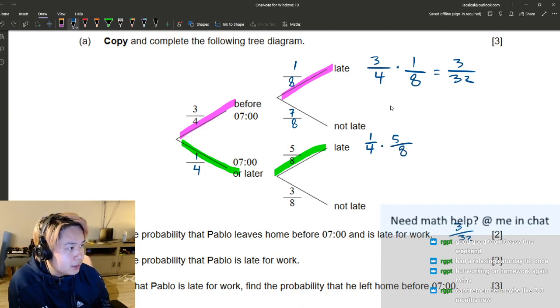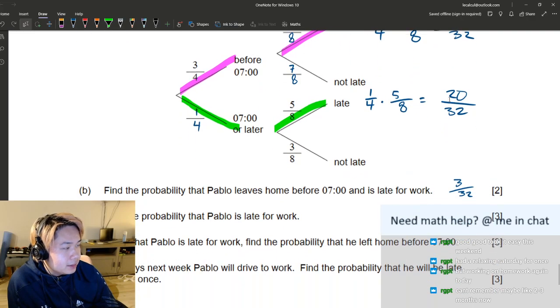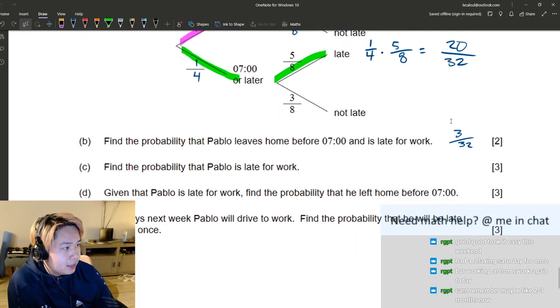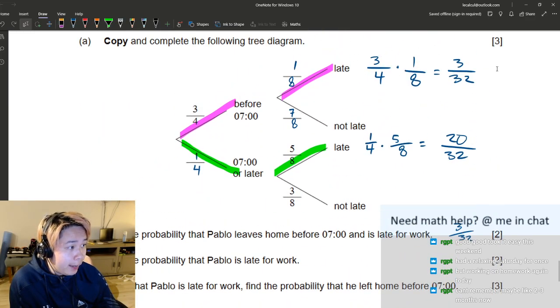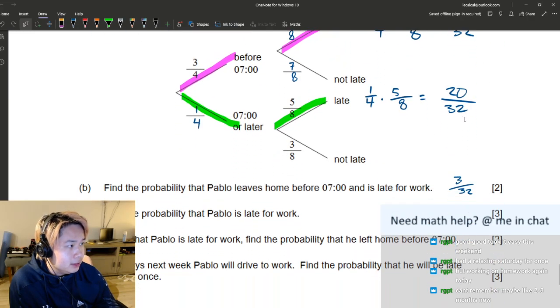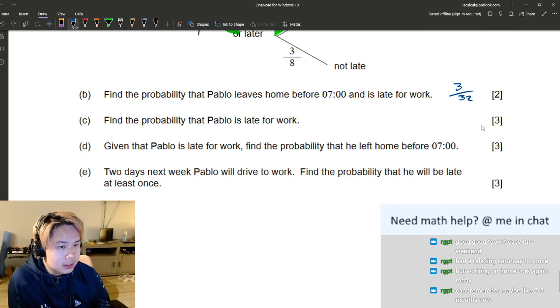So 1 out of 4 times 5 over 8, which is 20 over 32. So these are the only ways that he can be late. So the probability that he is late is we add the two separate probabilities together. So 3 out of 32 plus 20 out of 32 is 23 out of 32.